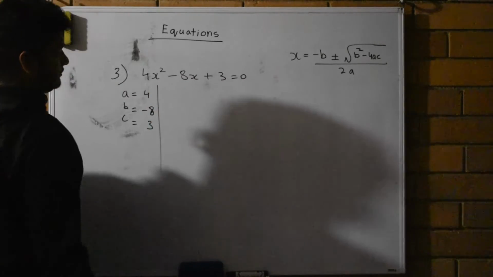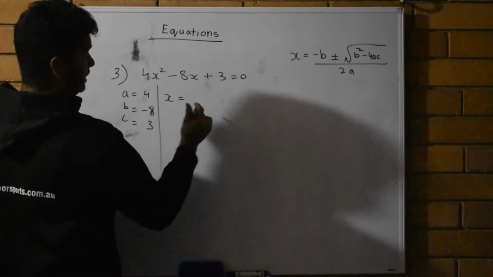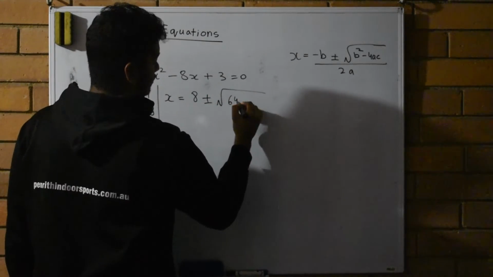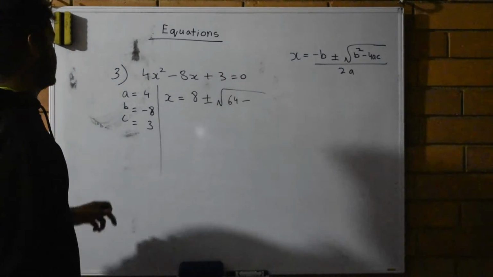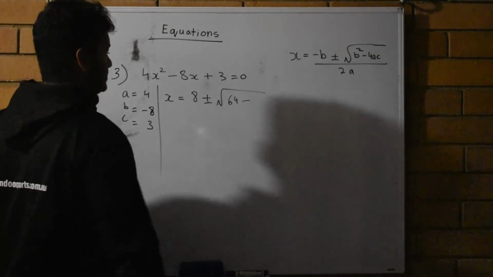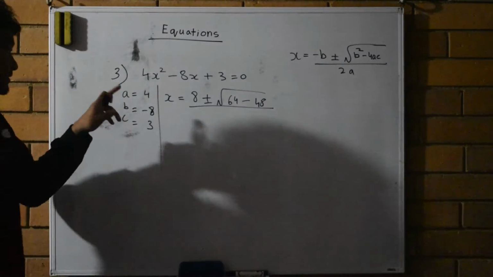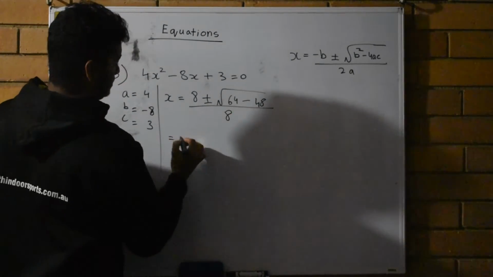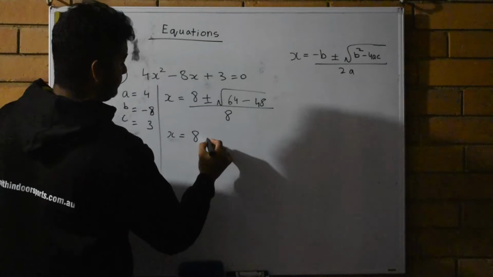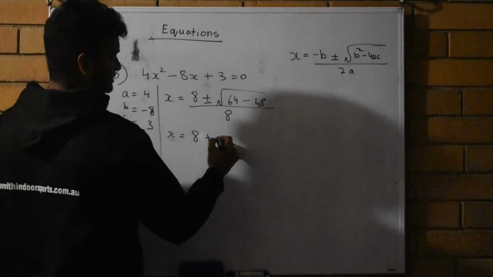Alright, cool. Sub into the formula. x equals negative b, so negative and negative will make it positive 8, plus minus the square root of 8 squared, so that's 64, minus 4ac, so 4 times 4 is 16, times 3 is 48, upon 2a, so that's 8. 64 minus 48 is 16, so the square root is 4.